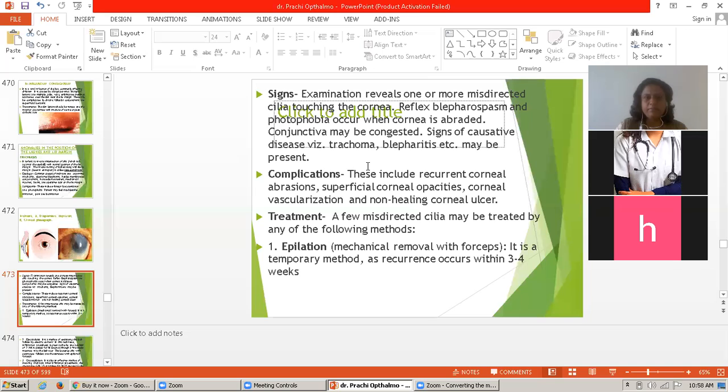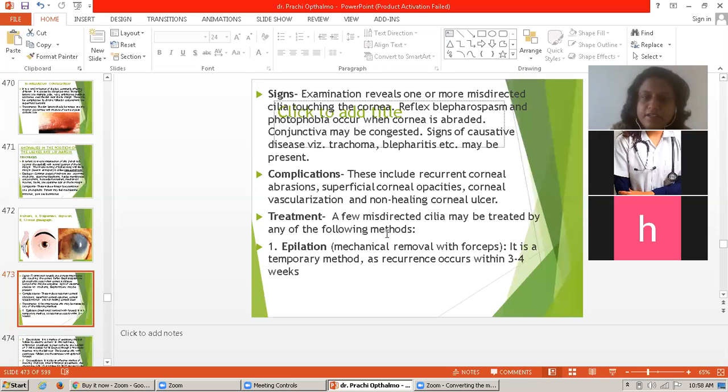Epilation is the mechanical removal with forceps, and it is a temporary method as recurrences occur within 3 to 4 weeks. So, in complication, we can see corneal abrasion, superficial corneal opacities, corneal vascularization with non-healing corneal ulcer due to trichiasis.